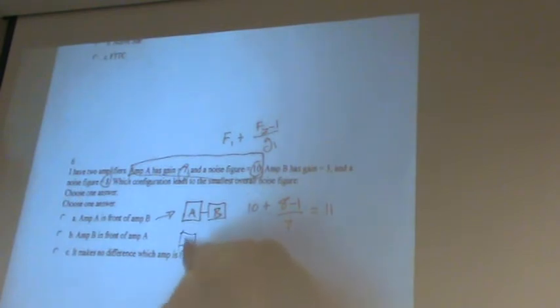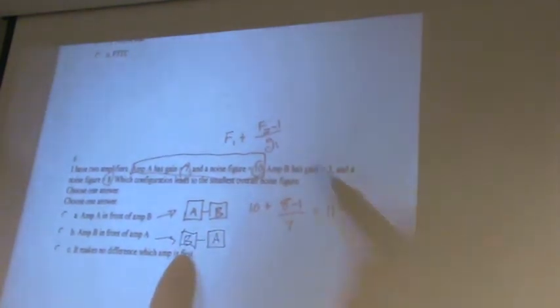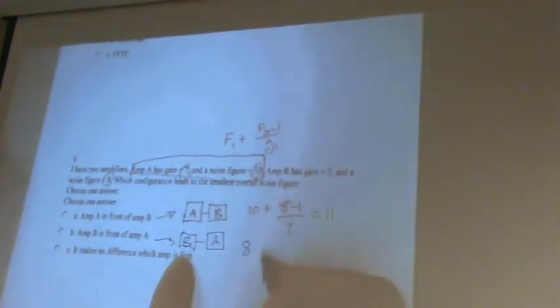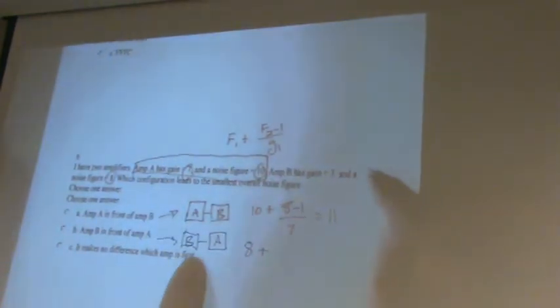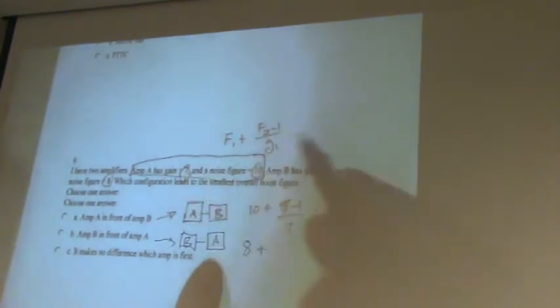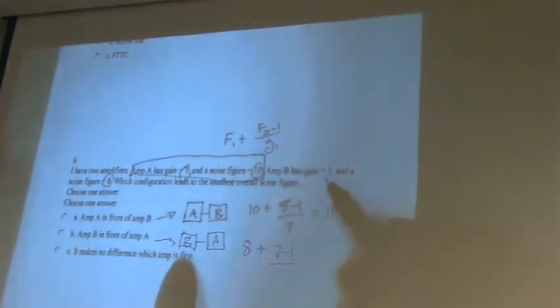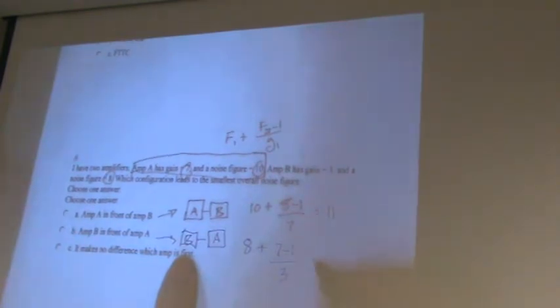If I have B in front, then what do I have? Then amplifier B is now F1. It has an 8 plus the noise figure of the second one, which is now amplifier A, 10 minus 1 divided by the gain of the first one, which is B, which is a 3.